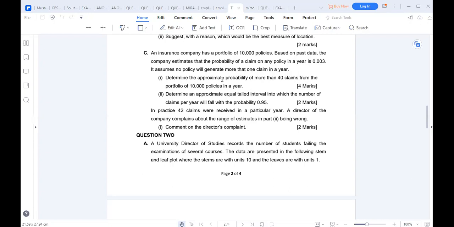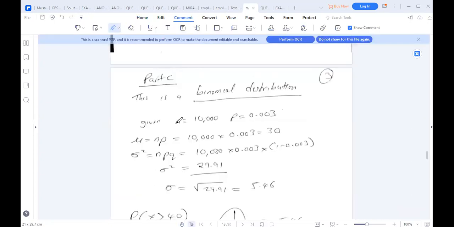Part 1, find the probability of more than 40 claims coming from a portfolio of 10,000 in a year. So this is a binomial distribution. You need to understand in a binomial, when you're given N and P, just multiply these two to get your mean. The mean is NP. So 10,000 times 0.003 will get 30.